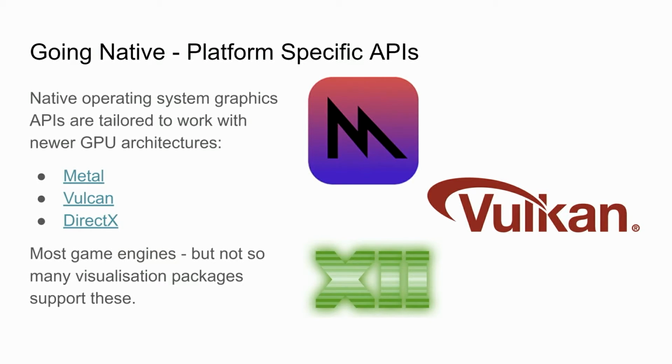And DirectX, which has been around on Windows for a very long time and is up to DirectX 12 at present. I'll say that a lot of game engines do tend to stay up to date with these platform APIs. They care about squeezing as much performance as they can out of the GPUs, but not so many visualization packages have kept up to date with these platform APIs.